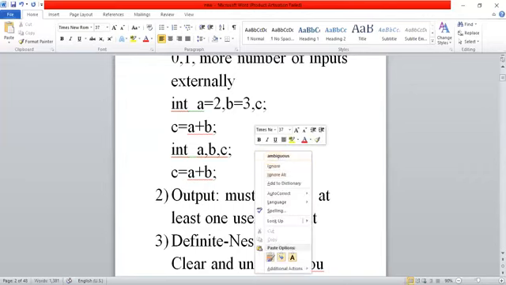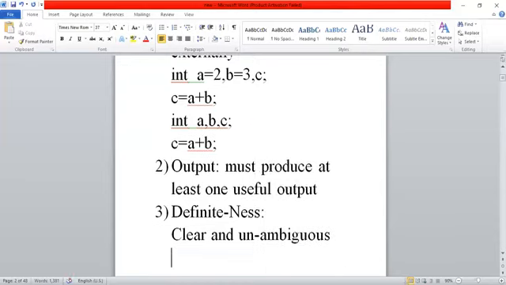What do you mean by ambiguity? Confusion. Suppose your statement contains more than one meaning. Then the compiler gets confused about which meaning is suitable for your problem, so sometimes the system is stuck.